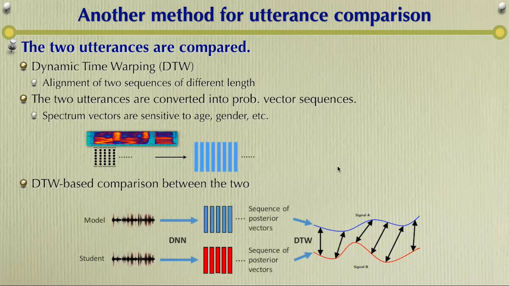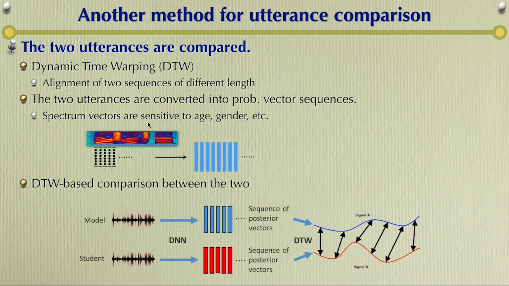But another approach is to compare the learner utterance and the model utterance. The student and the model may be utterances from different speakers, of course, of different gender, different age, different generation. So the spectrograms of the learner and the teacher may be very, very different.